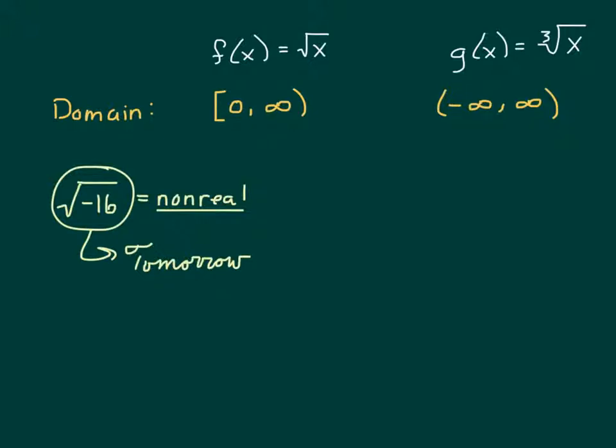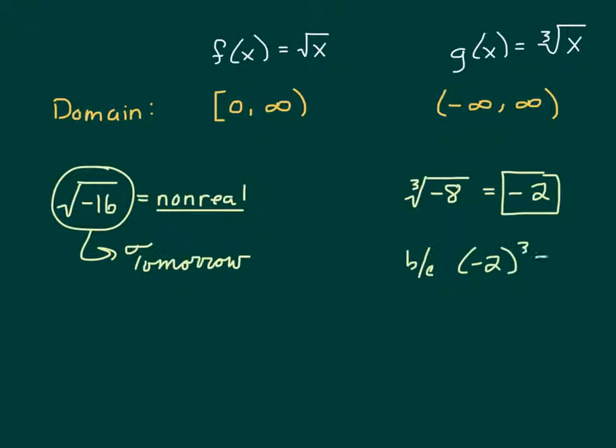Reason being, I can take the cubed root of negative 8. Cubed root of negative 8 is negative 2, because negative 2 cubed is negative 8. So I can plug negative numbers into the cubed root, just not into the square root. That's how we get those domains.